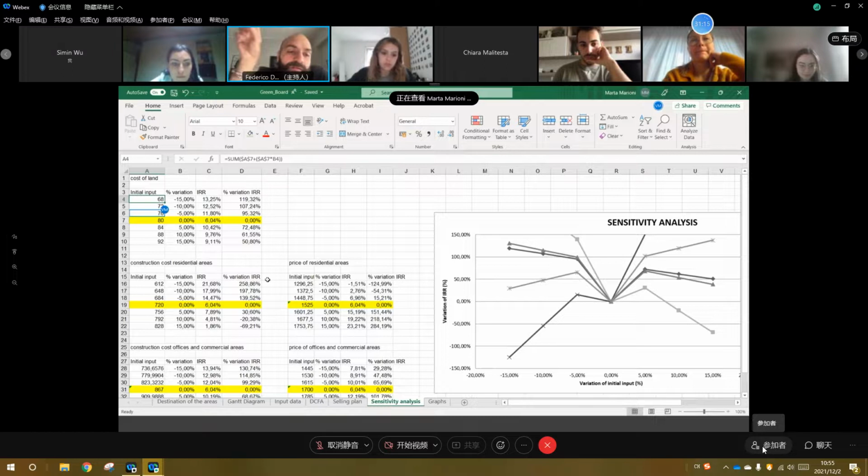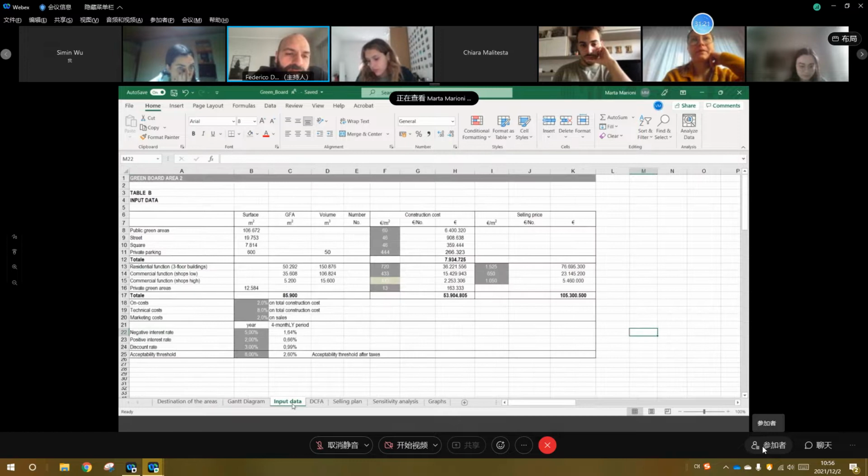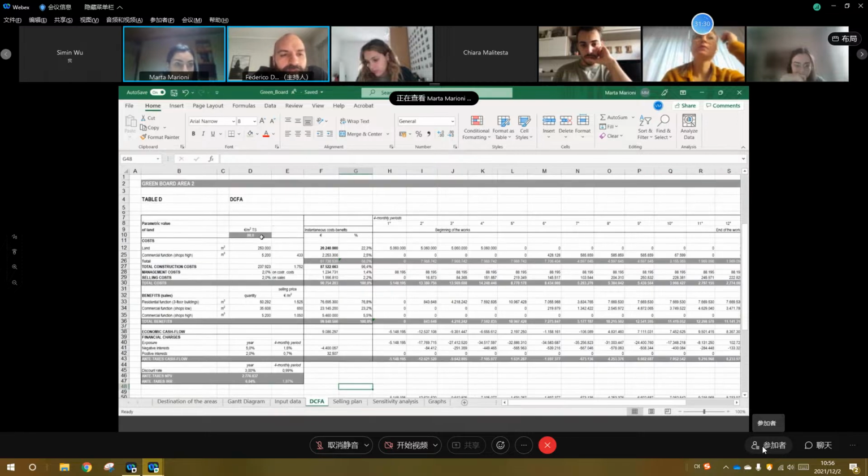If you have linked all the cells, you should change only the variable here in the input. In this sheet, you have to change the cost of land, increase it, and then once we have the result, we get the ERR from here and change it on the other side.